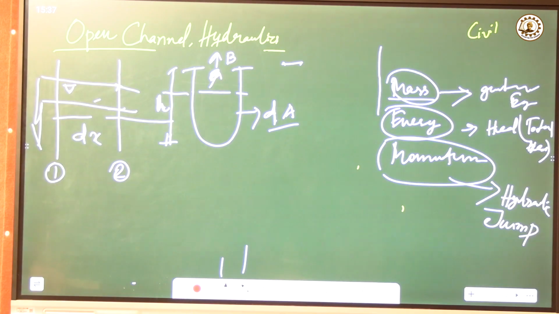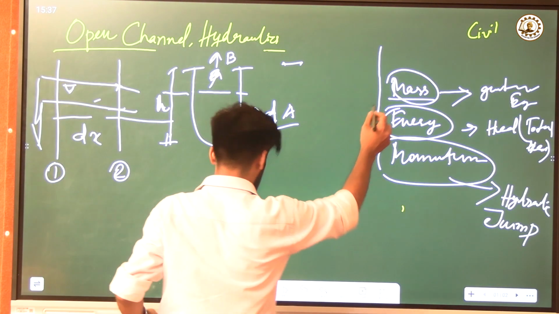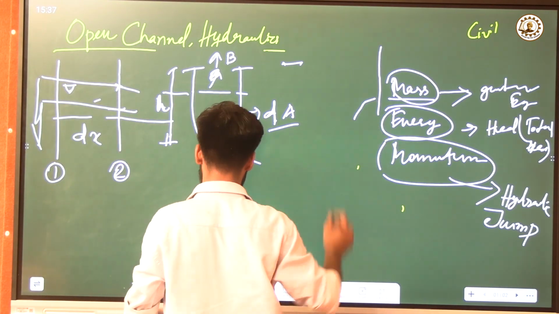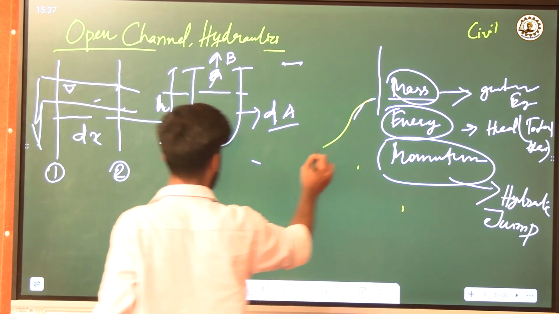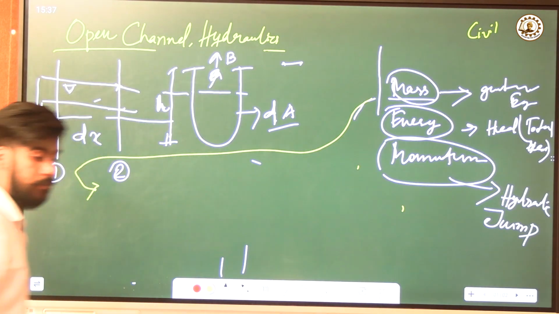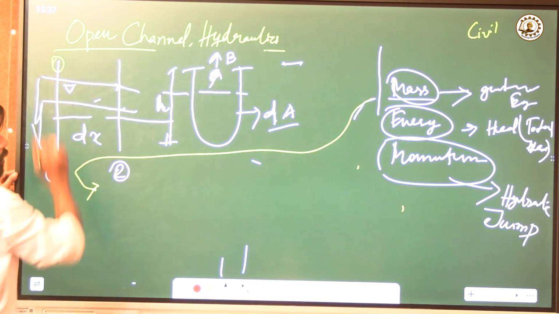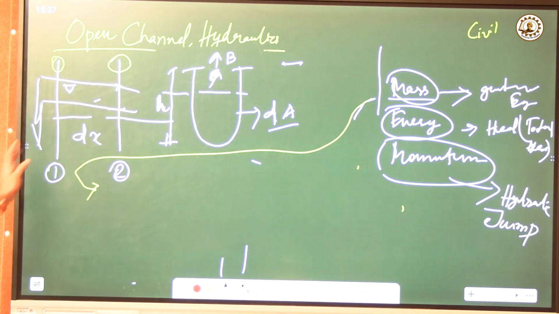Now in that case, the equation of conservation of mass, or the continuity equation, generally says that the flow entering into section 1 is the same flow leaving from section 2.